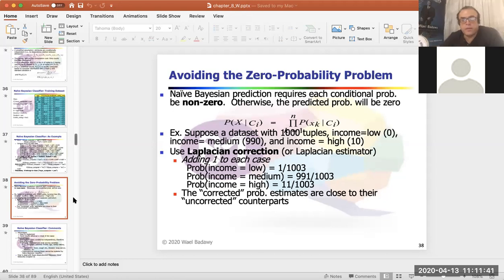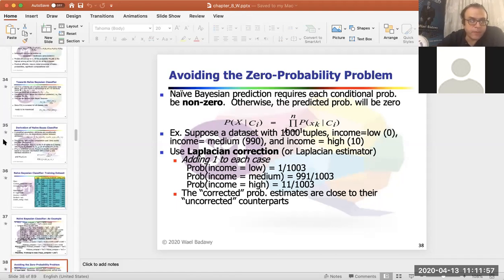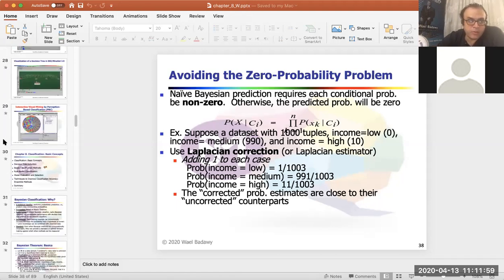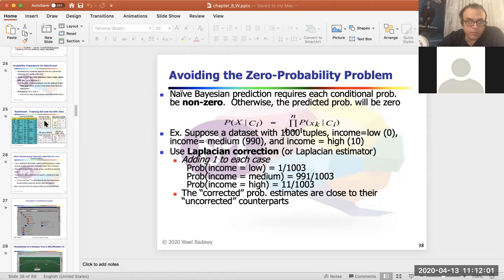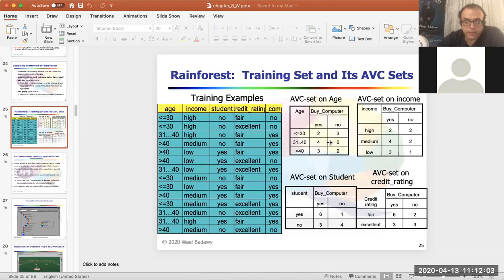The main issue in naive Bayesian, or any of these probability methods, is that you may end up with a zero computation. To avoid the zero computation, you can always add one to each case. For example, remember there was a zero individual here: somebody between 31 to 40 had zero.